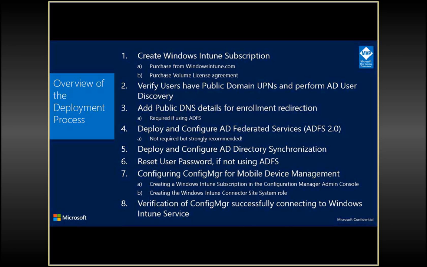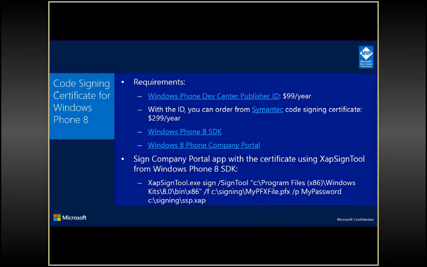The first thing is that if you want to do any kind of application deployment for Windows Phone 8, Windows Phone 8 requires a code signing certificate. For that purpose, you first have to get a Windows Phone developer publisher ID, and that will cost you $99 per year.